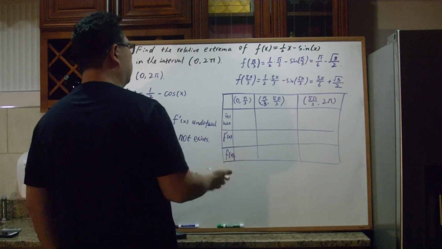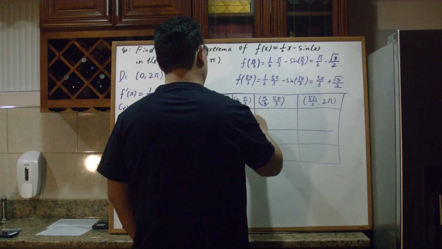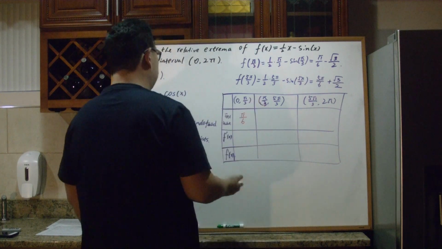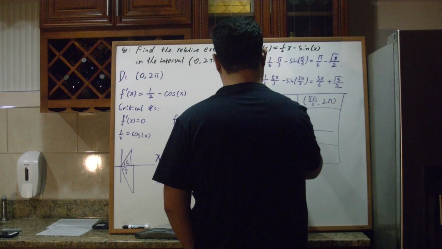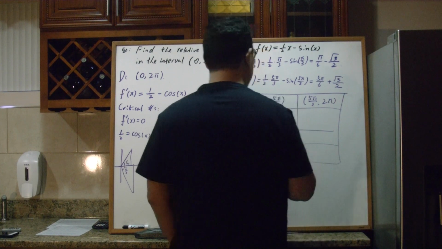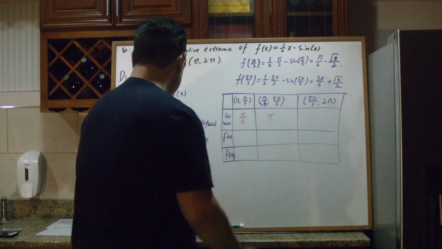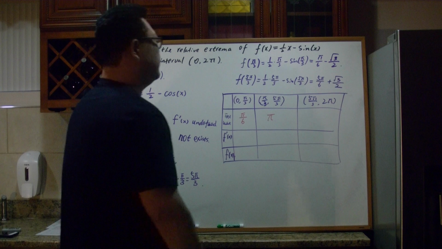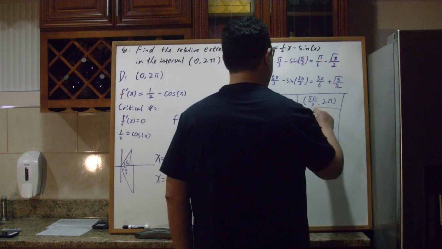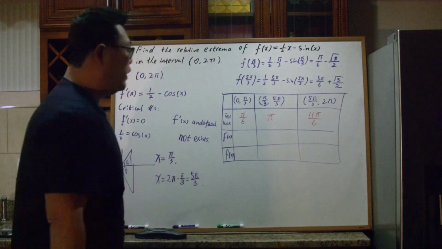From 0 to pi over 3, we can use the value pi over 6. From pi over 3 to 5 pi over 3, maybe we can use the value pi right in the middle. And from 5 pi over 3 to 2 pi, we use 11 pi over 6. We just try to get an angle that is in between.